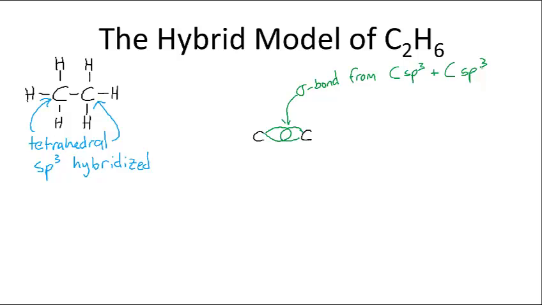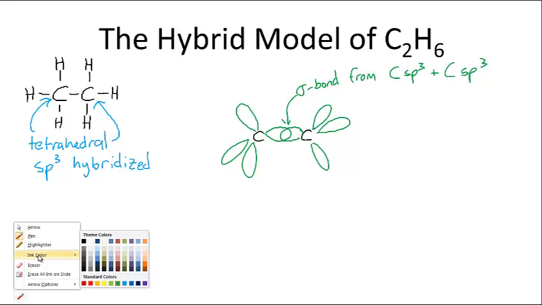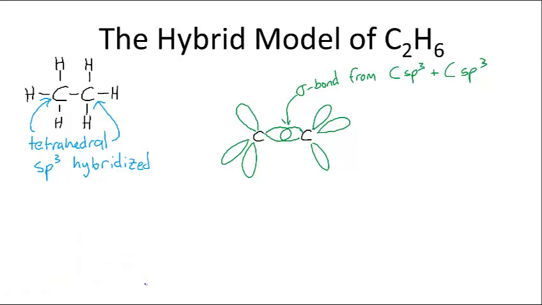And then each one is going to have 3 more sp3 orbitals pointed like a tetrahedron, which of course I can't draw very well because it's 3 dimensions and I'm trying to draw these orbital things. But I'll just draw them kind of like that. And then I have the hydrogens. What orbital would hydrogen be using to make bonds? What's the only orbital available to a hydrogen atom?